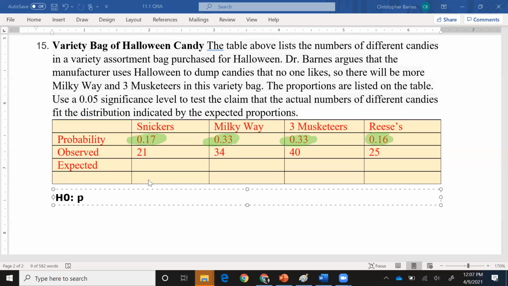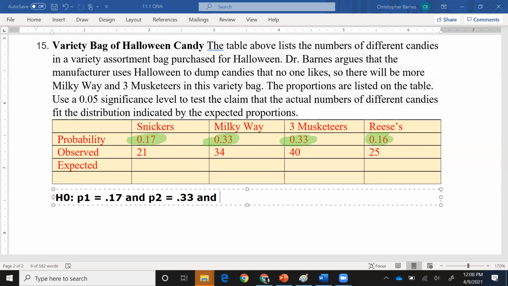All right, I'll start it off and then hopefully you can take it from there. So P1, I'm going to say that's the Snickers. P1 equals 0.17. And then we went over this, correcting from how Essence brought it in. And it's also going to say N. So what would be P2? P2 would be 0.33.